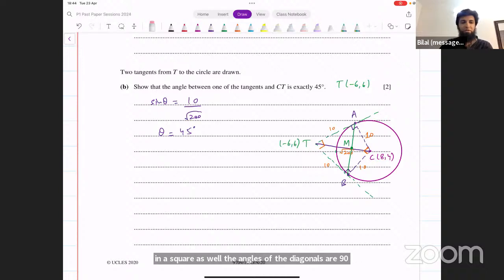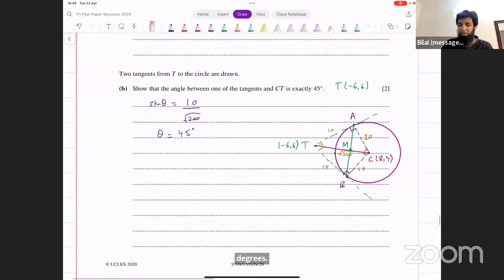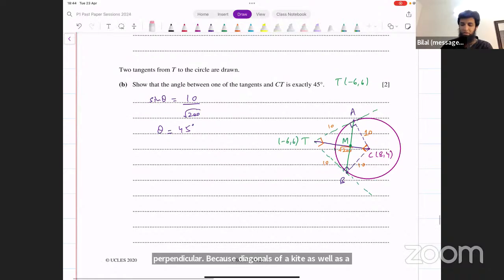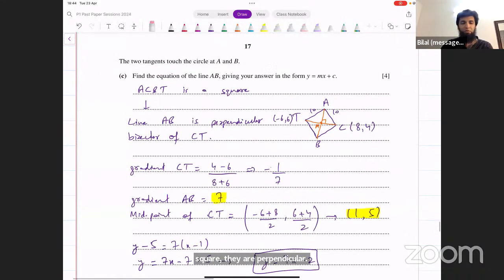We can use those two pieces of information that the midpoint M of CT is also the midpoint of AB, so that lies on the line AB. And AB and CT are perpendicular, because diagonals of a kite as well as a square are perpendicular. Since it was a square, we used both of those properties, that the diagonals were perpendicular and they met at midpoints, to find the equation of the line AB, right?